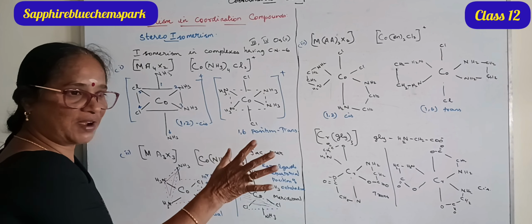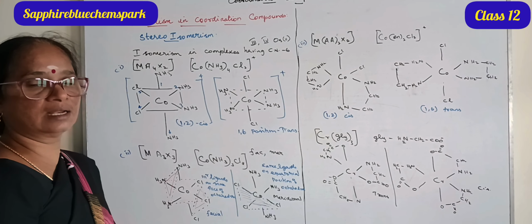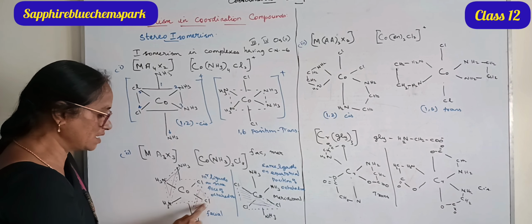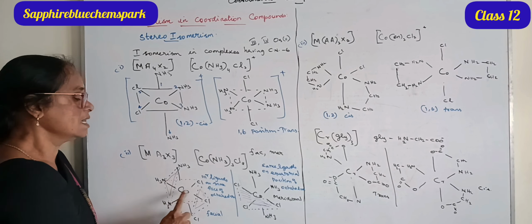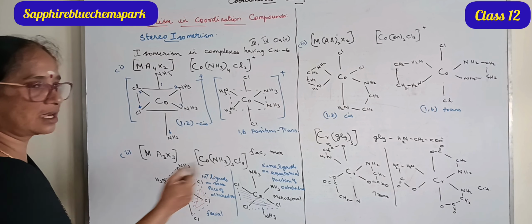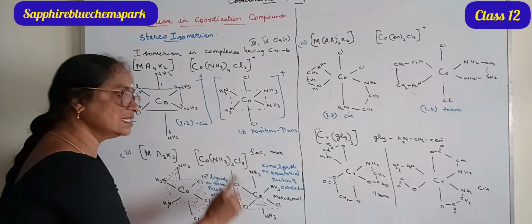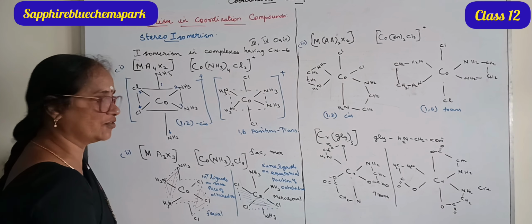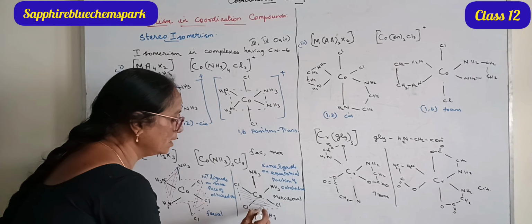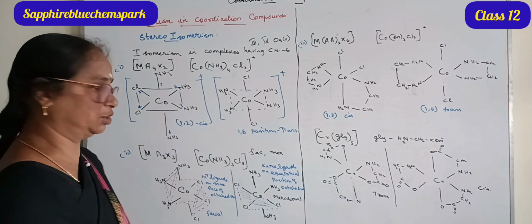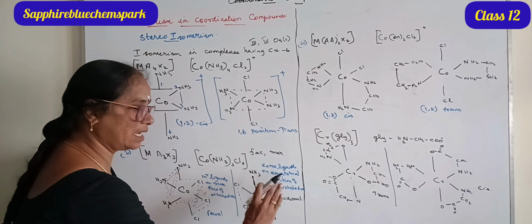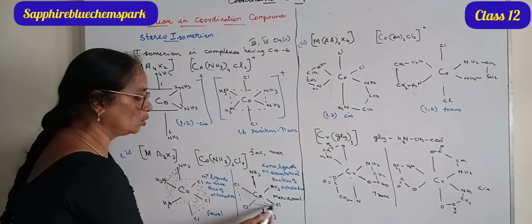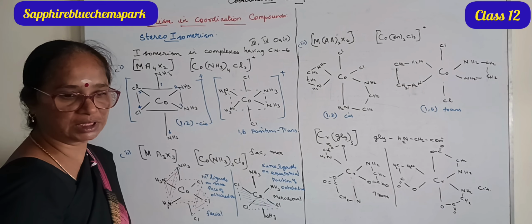Facial, where we are finding the faces of the octahedron. If the three similar ligands occupy a face of the octahedron, such an isomer is said to be the FAC isomer. Or, when the three similar ligands occupy the equatorial positions, where this one and this one are the axial positions and the four bonds lying on a plane are the equatorial positions, so we have 1, 2, 3 equatorial positions.